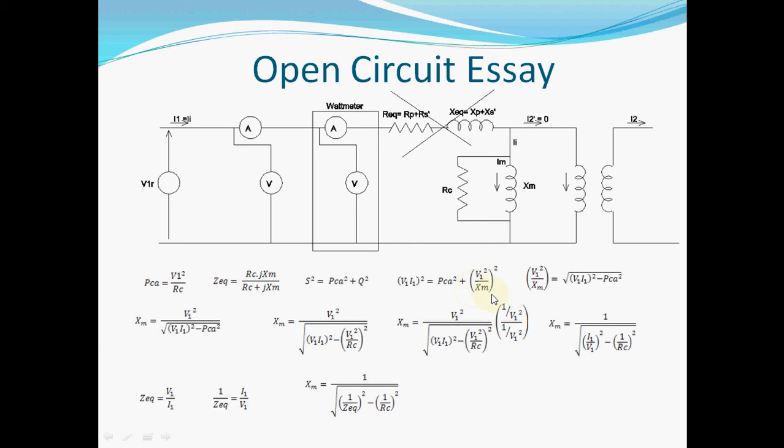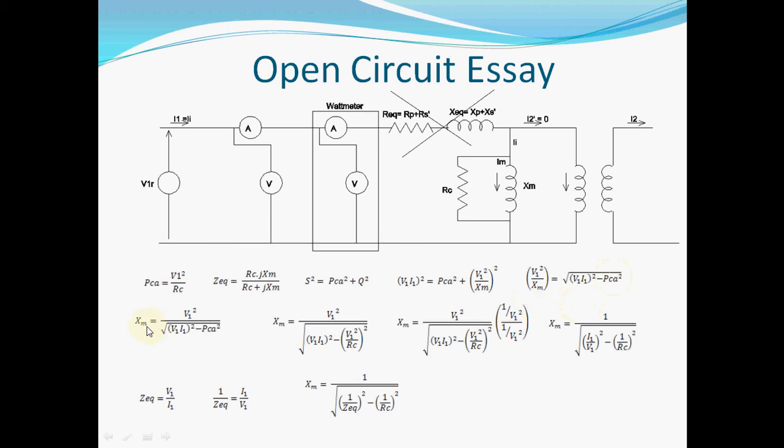So we can calculate this expression: square V1 divided by the magnetizing reactance is equal to the square root of this expression minus the square of PCA, as we can see.